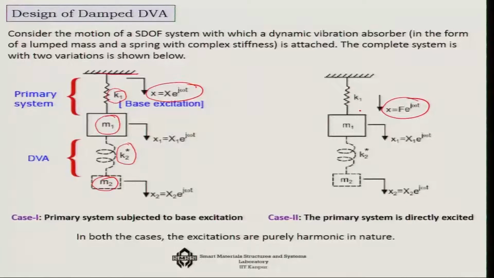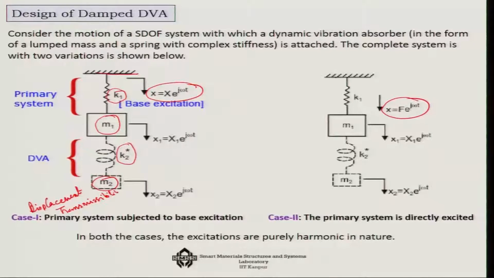For many linear cases it can be shown that the transmissibility is the same for both cases. In one case it is called displacement transmissibility, and you can find the transmissibility of such a system.